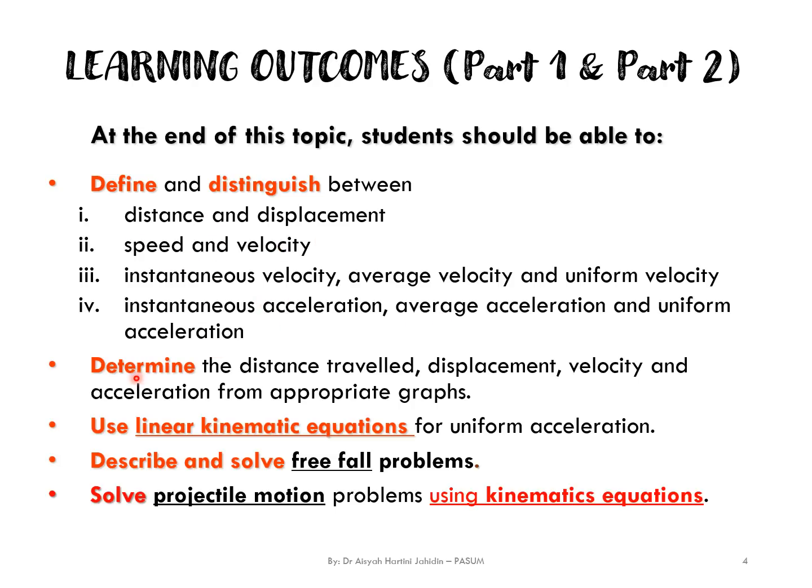Students should also know how to determine the distance traveled, displacement, velocity and acceleration from the appropriate graphs. Students should know how to use linear kinematics equations for uniform acceleration, and describe and solve free fall problems. Finally, students should know how to solve projectile motion problems using kinematics equations.